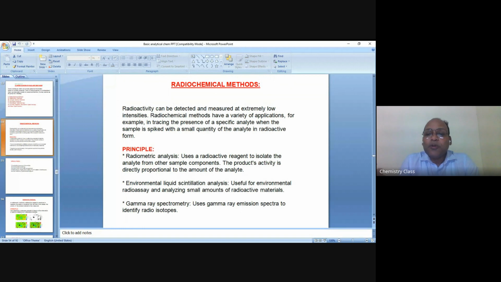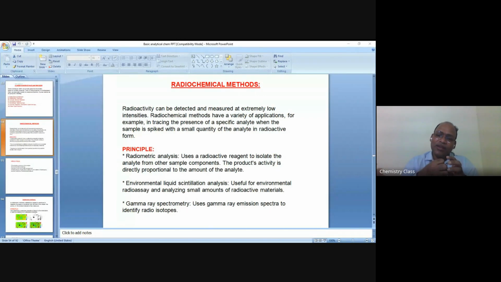Okay. Now, what is the principle? Radiometric analysis uses a radioactive reagent to isolate the analyte from other sample components. We will understand later what type of reagent it is.